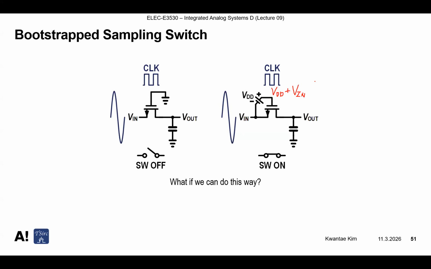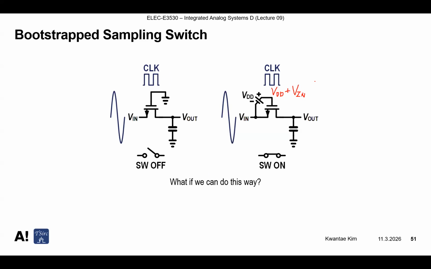If we can make sure this is happening, then VGS, the gate voltage minus the source voltage, is always ensured as VDD, no matter how V in is moving, high value or low value. It is kept at a constant value.